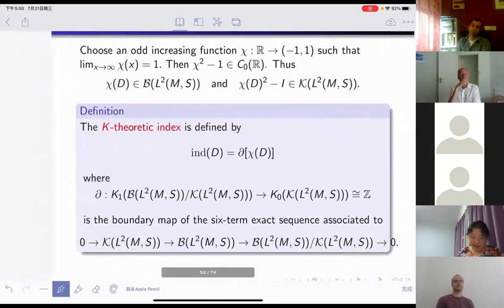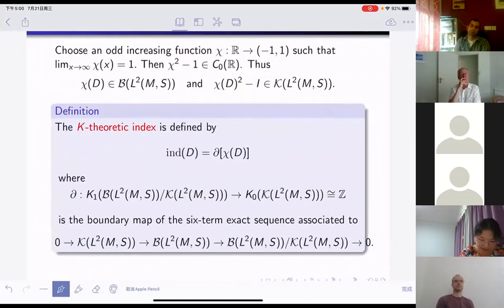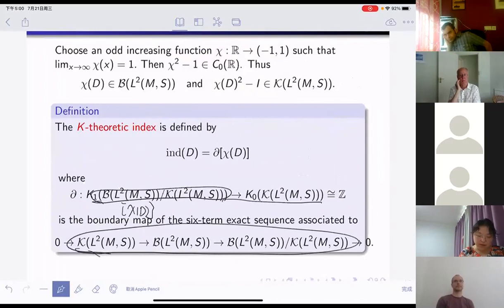Because of that, one can view this chi(D) as an element in K1 of this quotient algebra and apply the boundary map of the six-term exact sequence associated to the short exact sequence of compact operators, bounded operators, and the Calkin algebra.